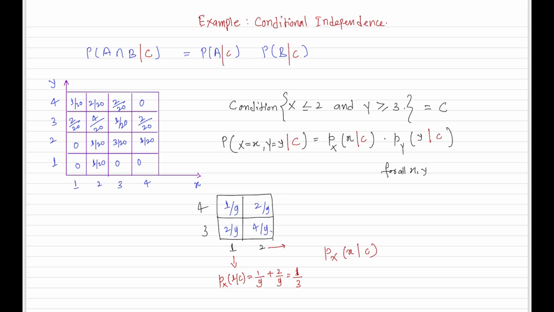Similarly, when X takes the value 2, we will have 6 divided by 9, that is 2 divided by 3. Now, what will be the marginal PMF of Y when it takes the value 3 under this condition C?